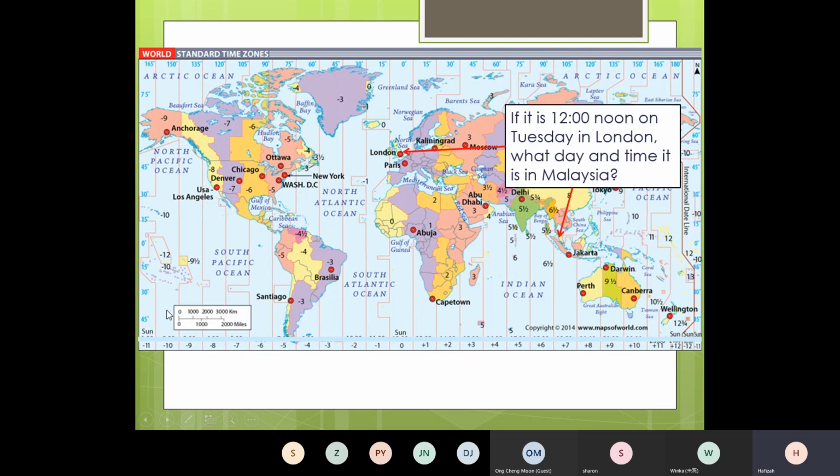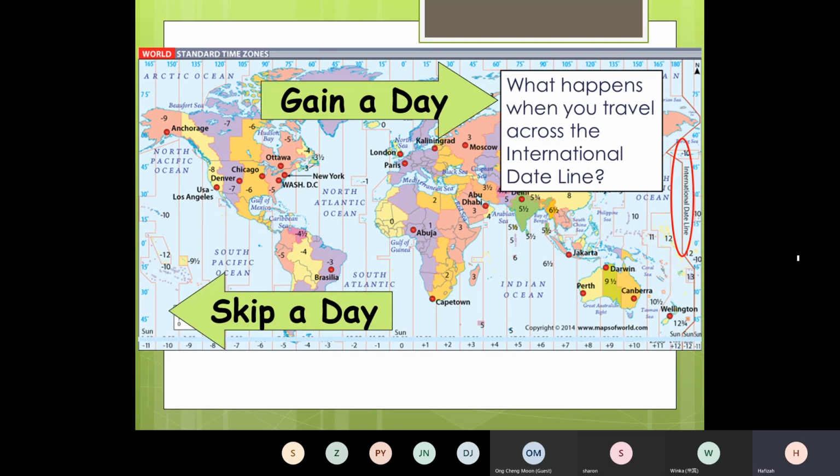This one, gain a day, it means that you travel on Wednesday, maybe at 11 p.m., but you arrive in the country and it is still Wednesday 9 a.m. Supposedly, if it takes you 7 hours of traveling, for example, you should arrive on Thursday, right?